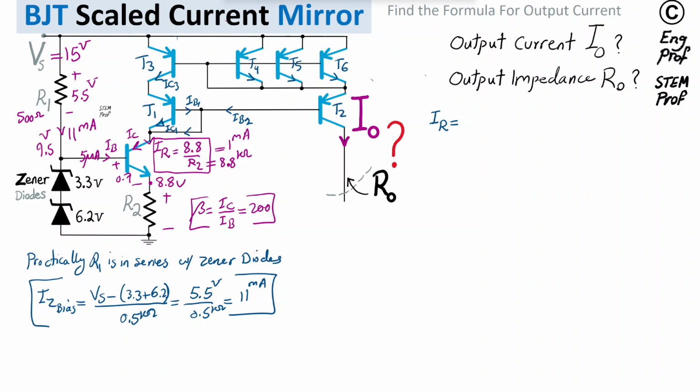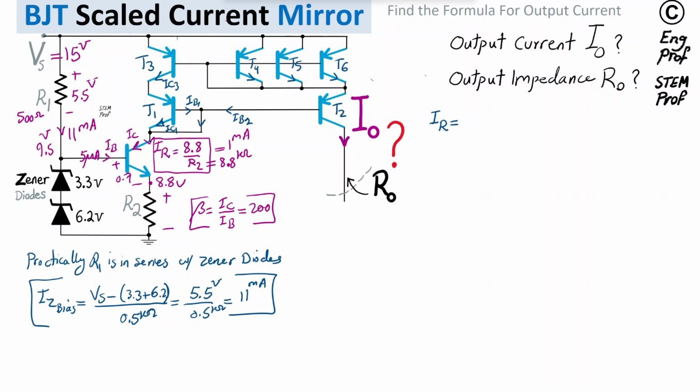IR is equal to IC1 plus IB1 plus IB2, because at KCL, Kirchhoff current law, at this node, these two currents add up together and end up entering here, and then add up with IC1 to form the IC for the collector of the NPN transistor.